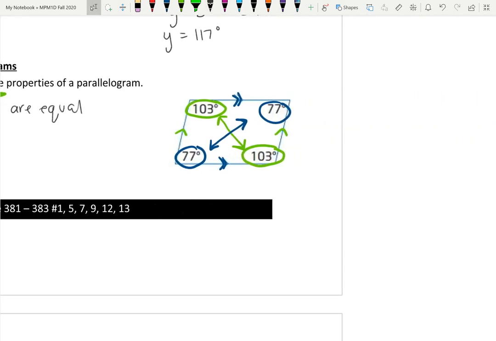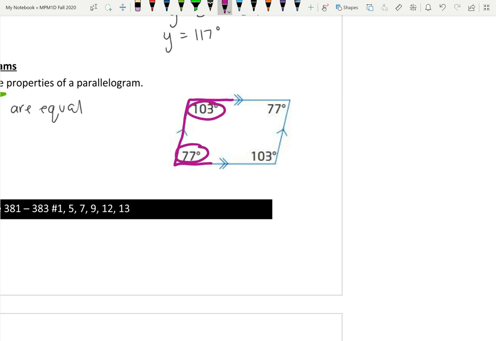And another property of parallelograms, I'm just going to erase all this, is that it actually follows the C pattern or the co-interior angles pattern. So these two interior angles add up to 180 degrees. And the same over here. Here's my flipped C, but it's still following the C pattern.